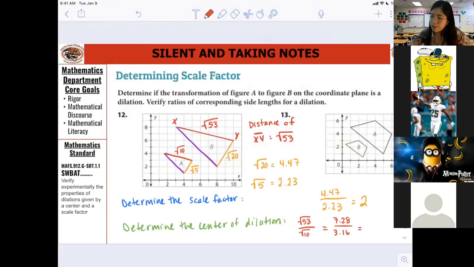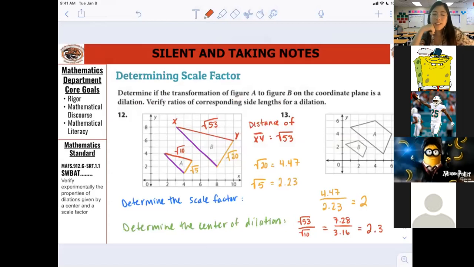Now divide. Do you get 2? 2.3. 2.3. Interesting. So what do we think?